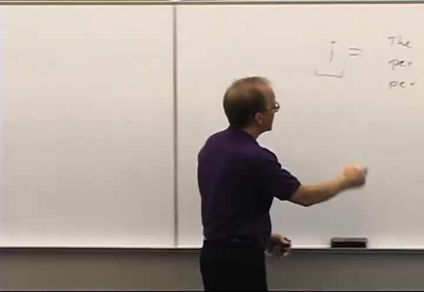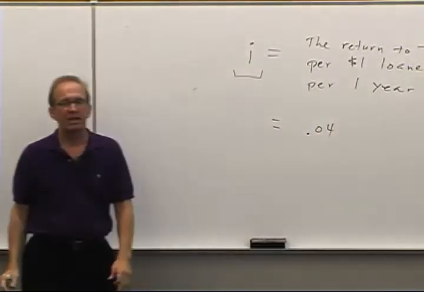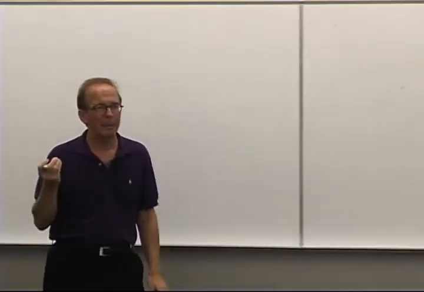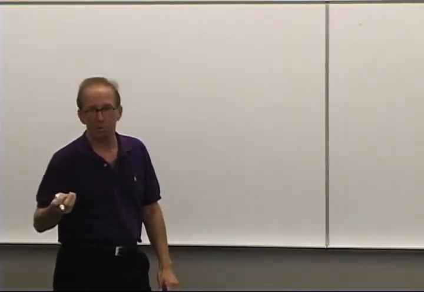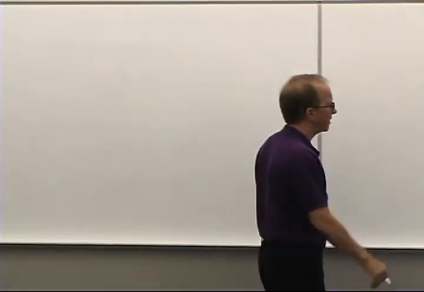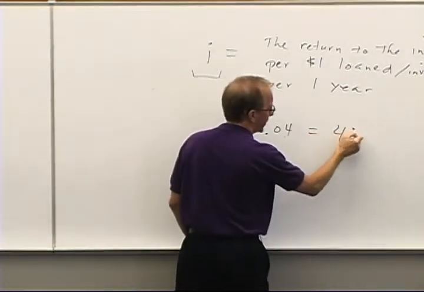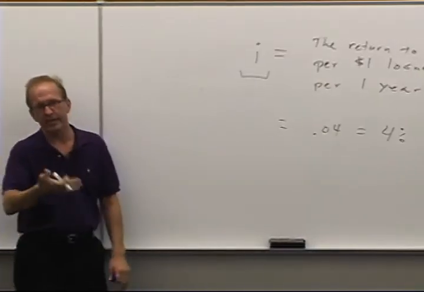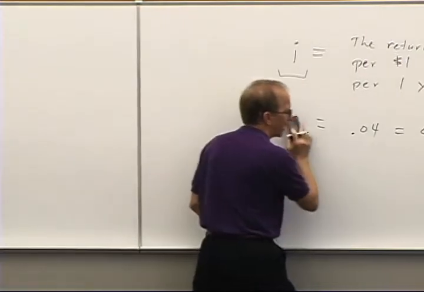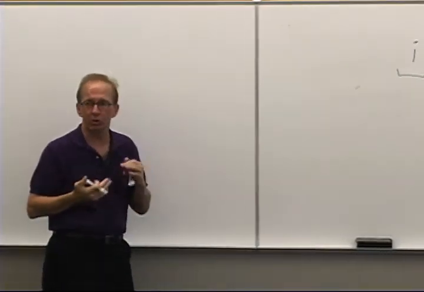And so then if we get a number that says 0.04 in our calculations, that would mean we're getting 4 pennies, 4 cents per $1 invested per 1 year. Okay? And then we would express that as 4%, of course, moving the decimal over and adding the percentage sign. Now, we'll build this up, but this is just the interpretation.